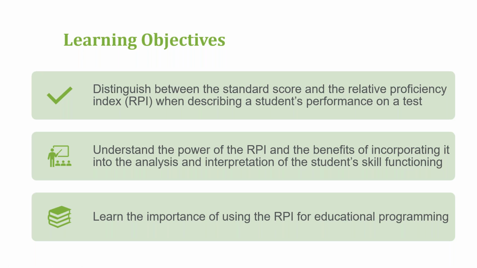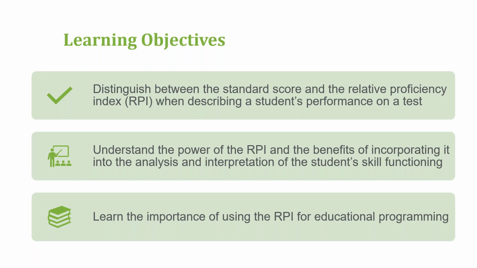Our learning objectives: we're going to distinguish between the standard score, how that score is generated and what it represents, and the relative proficiency index, and how the two can provide unique but important descriptions of a student's functioning and performance on a test. We want you to understand the power of the relative proficiency index.